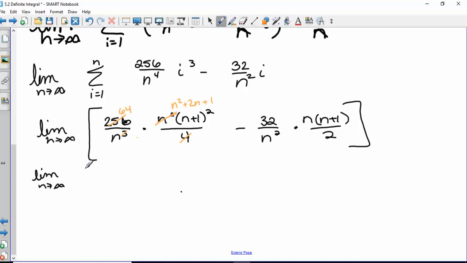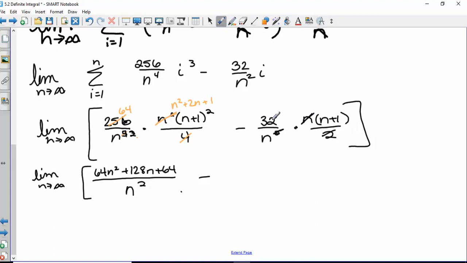So then I distribute 64n squared plus 128n plus 64. This should be an n squared on the bottom. It was n to the 4th and I wrote it cubed when I wrote it down, so that's n squared.